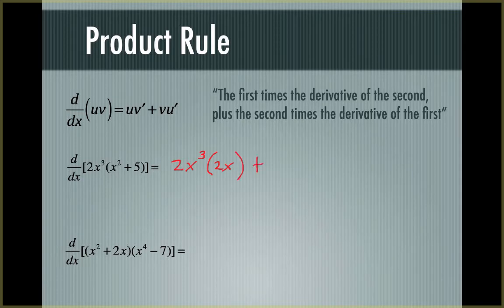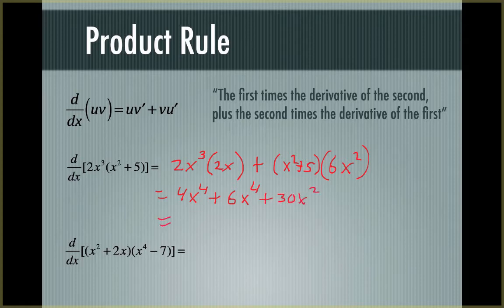And we add that now to the second piece, x squared plus 5, times the derivative of the first, the derivative of 2x cubed. If you take the power rule, you have 6x squared. We can now simplify this, and we get 4x to the 4th plus 6x to the 4th plus 30x squared.